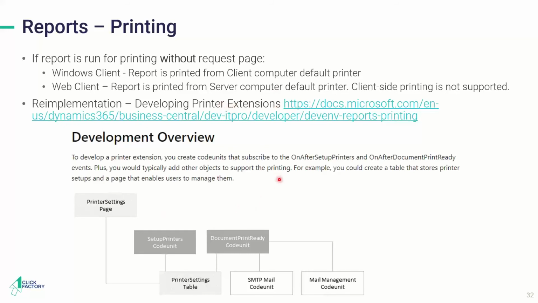You can develop printer extensions for background printing. The codeunit could use SMTP mail or the mail management codeunit to send your printing document as a PDF by mail to the printer, and the printer would get the email and print your report in the location you want or you are.